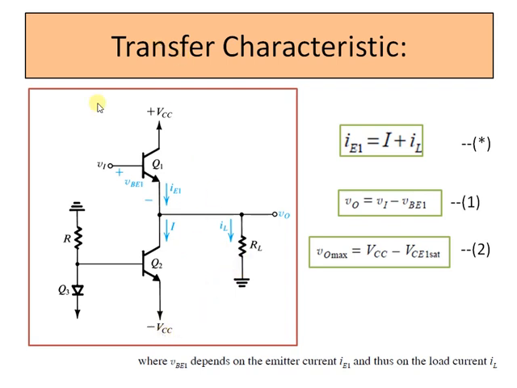Why we have considered this circuit instead of a simple emitter follower circuit is because the transistor Q2, a resistance R and a diode Q3 are included in this circuit just to ensure that the circuit operates at sufficient current and does not cause any distortion on the transients because of the presence of capacitance on the emitter. One of the common capacitances that can be present is the collector to substrate capacitance of the current source, which is supplying the emitter current.